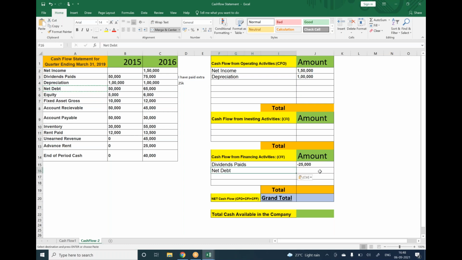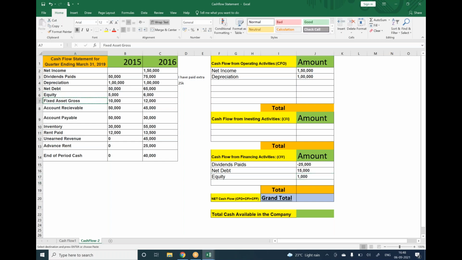How much should I put? Very good, 15,000. Equity, it's the same thing, but it will be only 1,000.